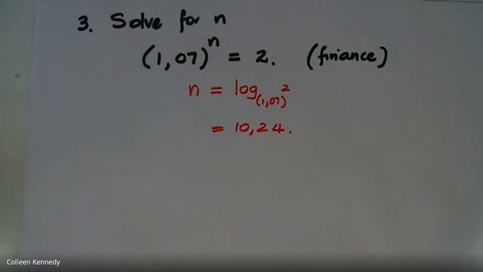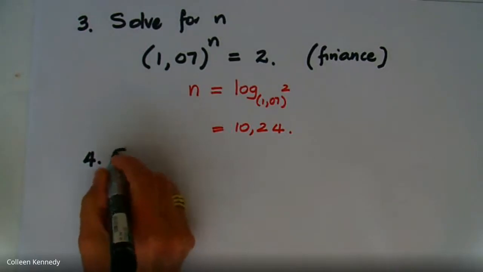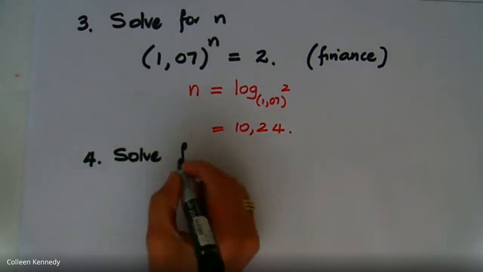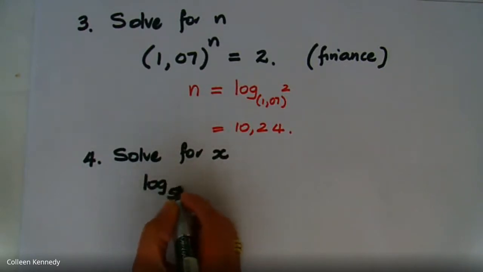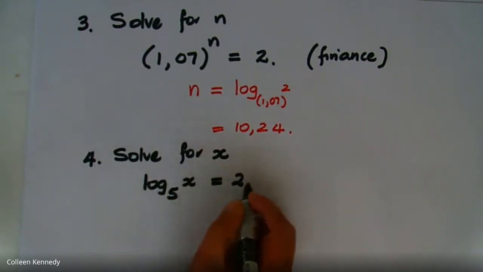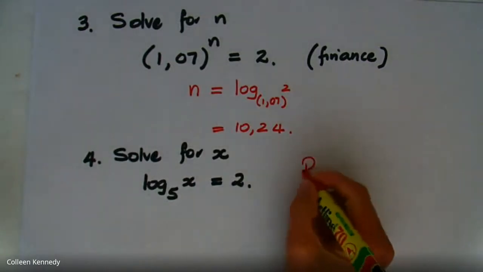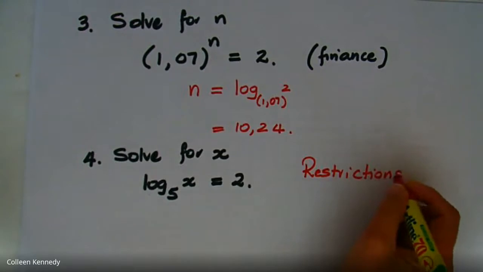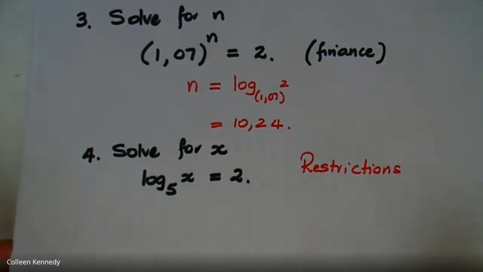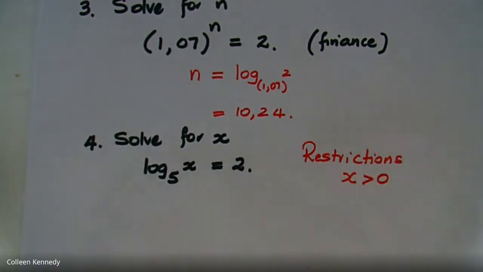So that's quite useful. All right, let's go back to finding different parts of logarithms. So next one is solve for x, and it's log to the base 5 of x equals 2. So now you are finding a number, and now there are restrictions. And the restriction is that x must be positive.